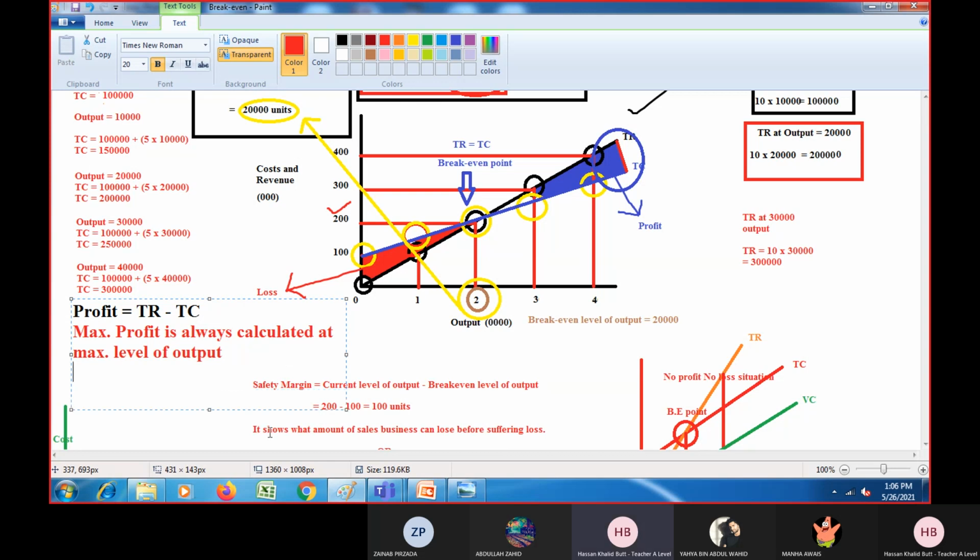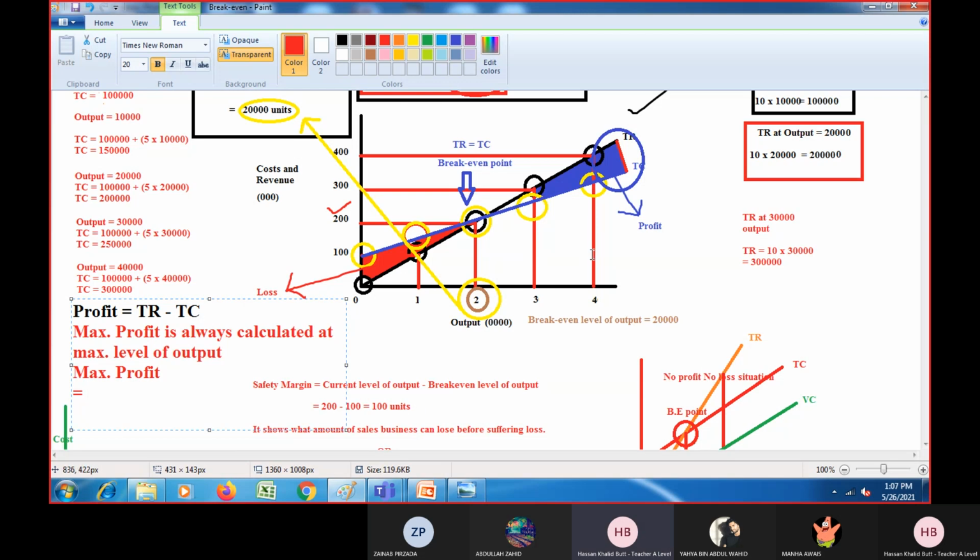Now using the same formula, max profit is equal to total revenue, because we are calculating it at maximum level of output. So we need to see total revenue at maximum level, because total revenue is given at 10,000 units, 20,000 units, 30,000 and 40,000.